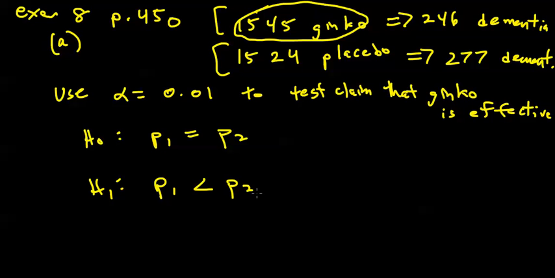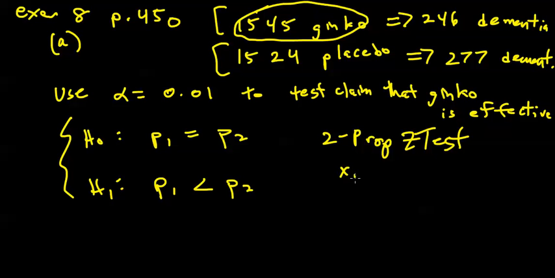In other words, P1 is less than P2. So I state the hypothesis. Now we want to compute the p-value. Again, we use our 2-PropZTest command.